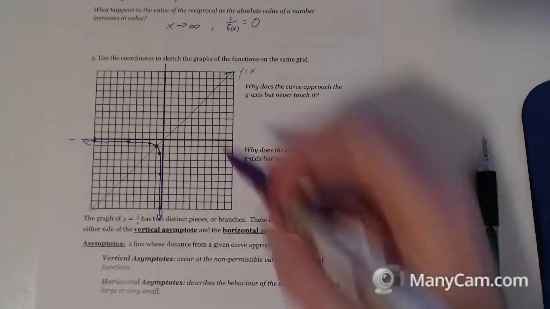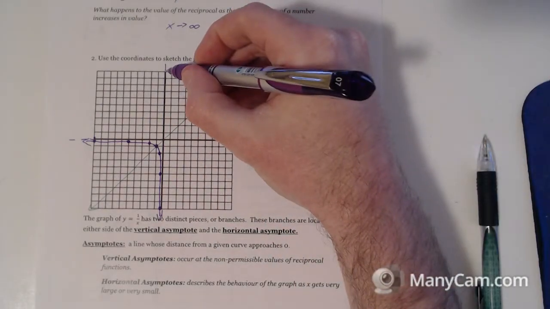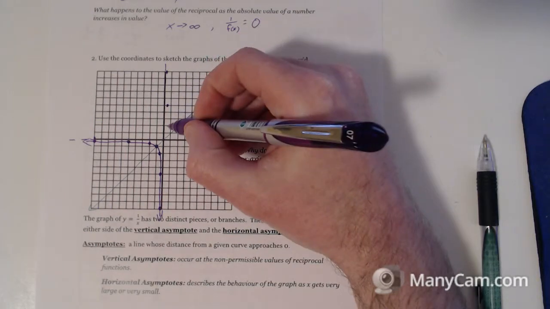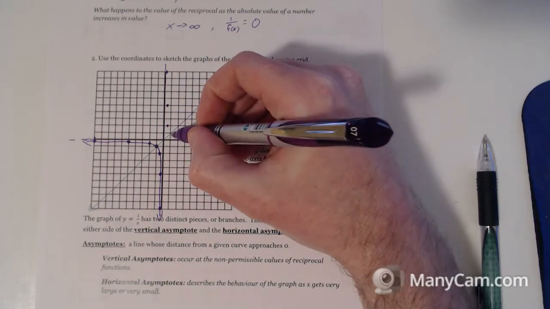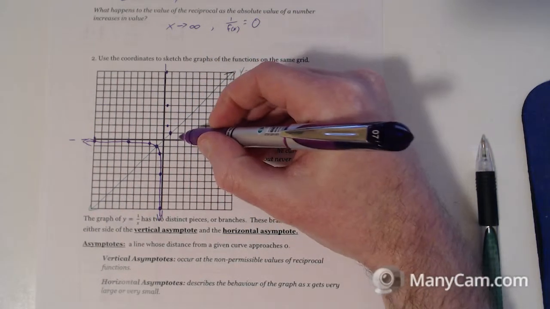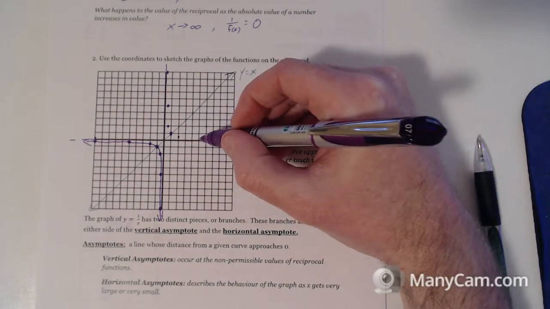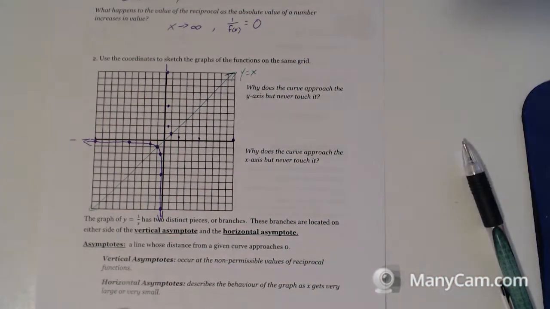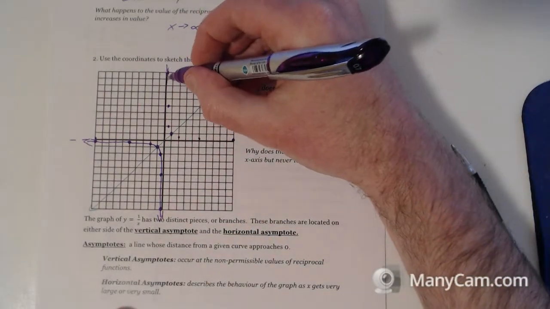Okay, doing the other half, it actually starts up here, then here, then here, our invariant point, and then it starts going this way. So it has almost the exact same pattern, just this time in our first quadrant. And we connect those dots together.